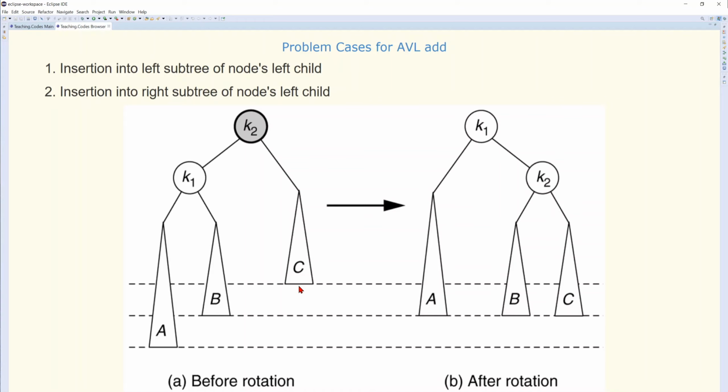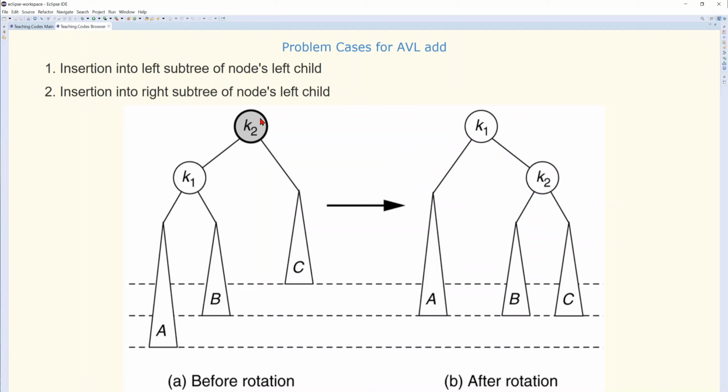Now, we should be able to solve this, and how we solve it is as follows. Take it like this: assume that these circles are rigid bodies, and also the triangles, and these links are just like ropes. Earlier, you were holding from K2. That's why K2 was at the top. That was the root.